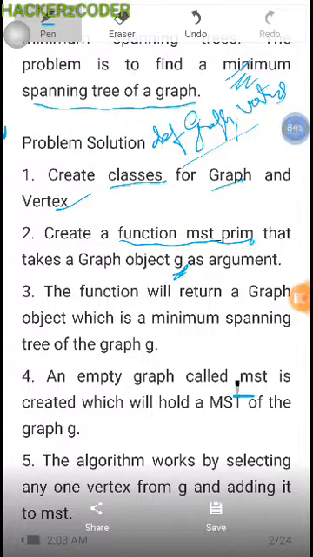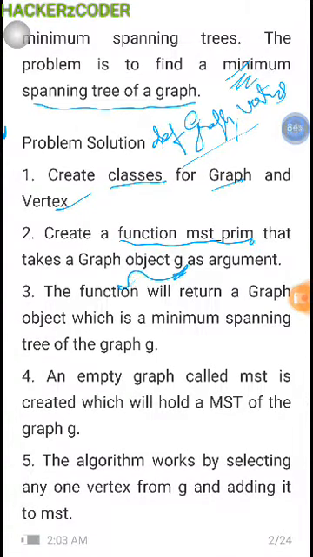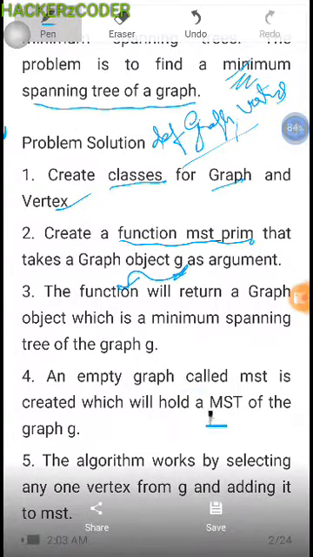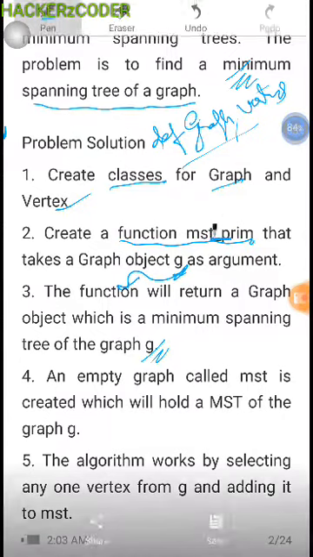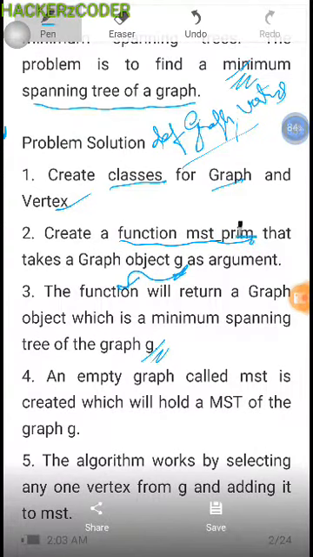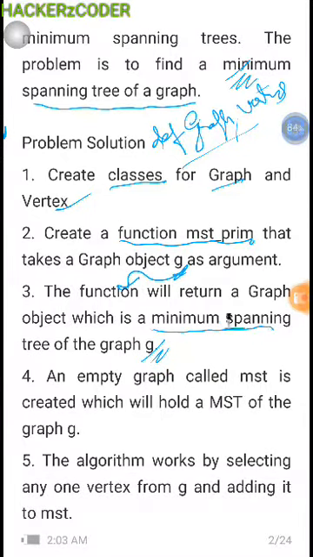The function will return a graph object, which is the minimum spanning tree of the graph G. So mst_prim passes graph object G, which ultimately returns the minimum spanning tree.